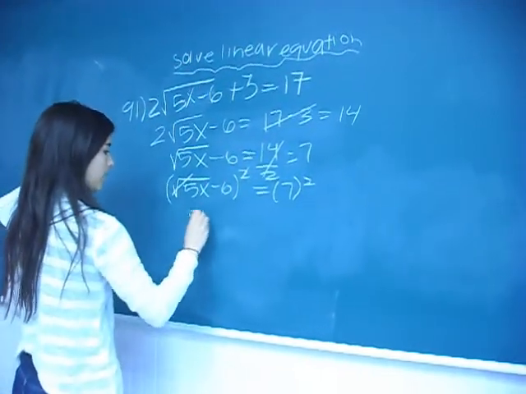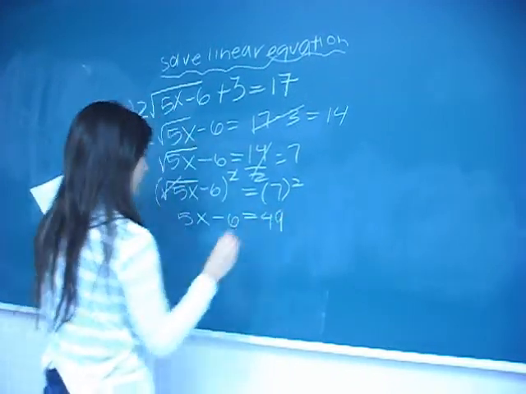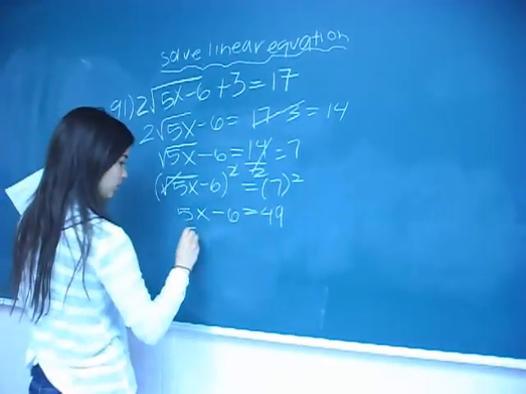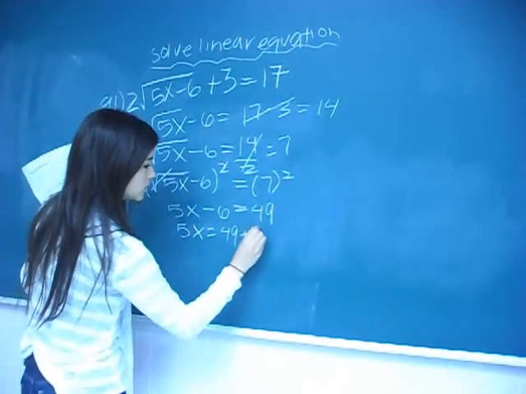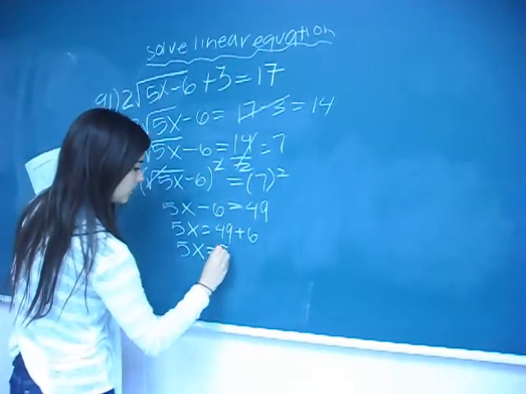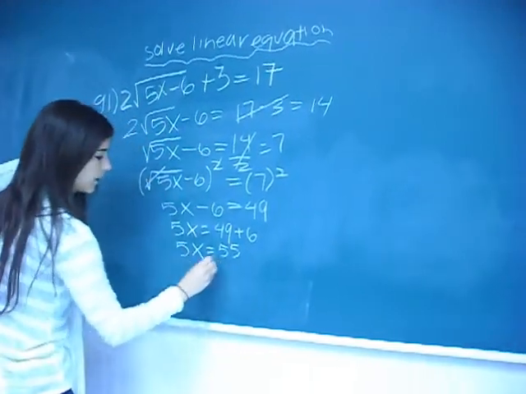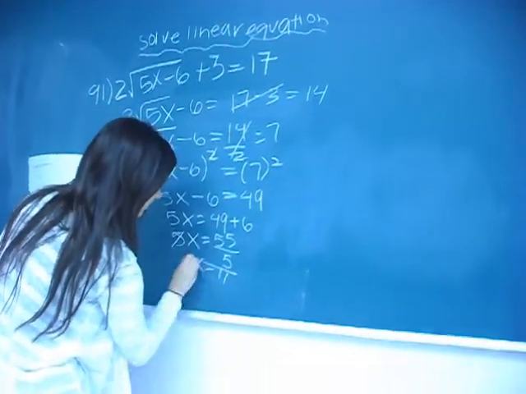And you have 5x minus 6 equals 49. And then you put 5x equals 49 plus 6, 5x equals 55, and you pass the 5 dividing, and it's x equals 11.